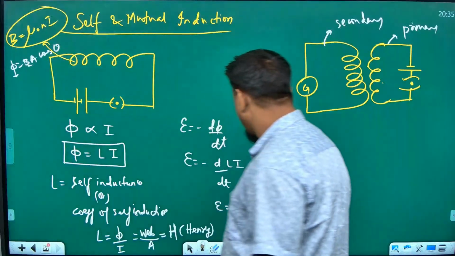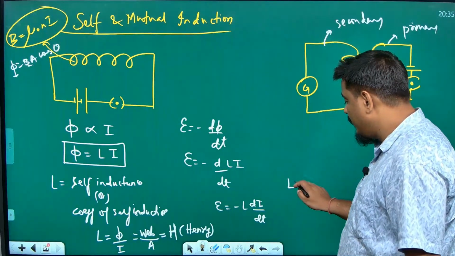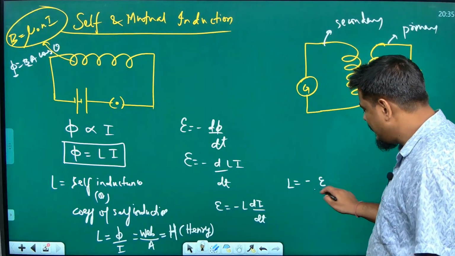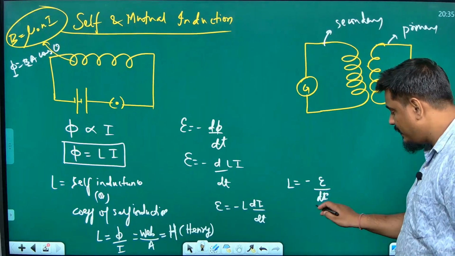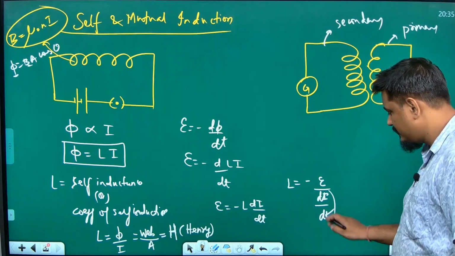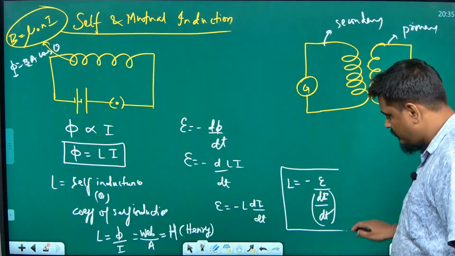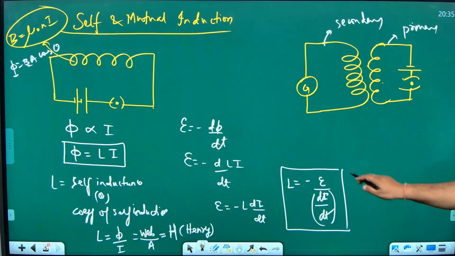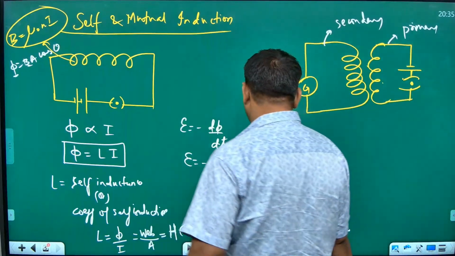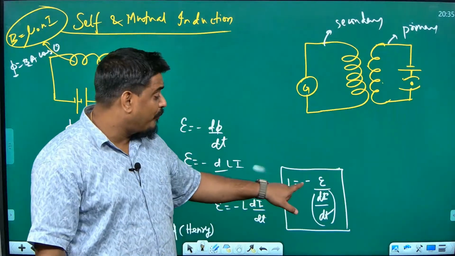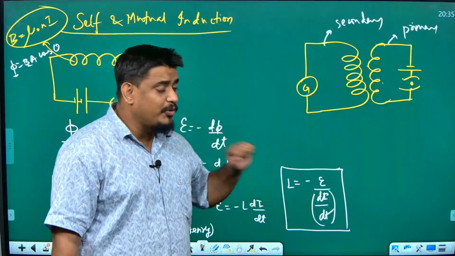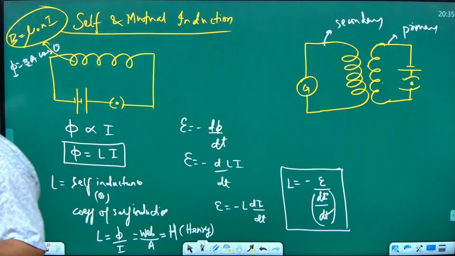From here you can write the value of L, which will become equal to minus E divided by di by dt. And from here we get the definition of self-inductance. What is that? Self-inductance is defined as opposing EMF per unit rate of change of current.